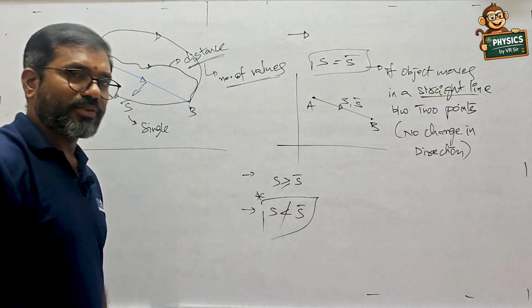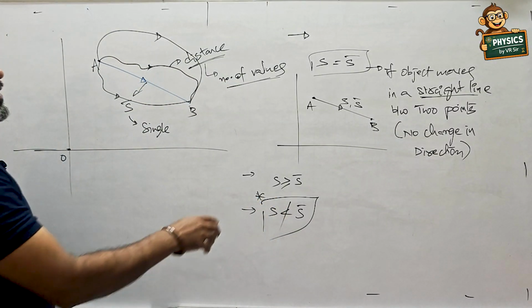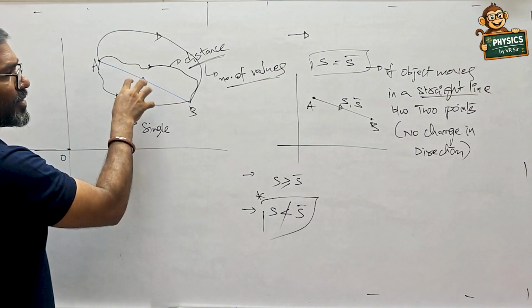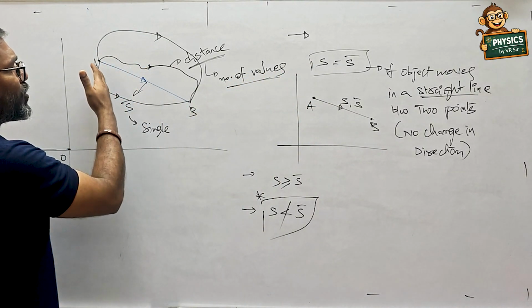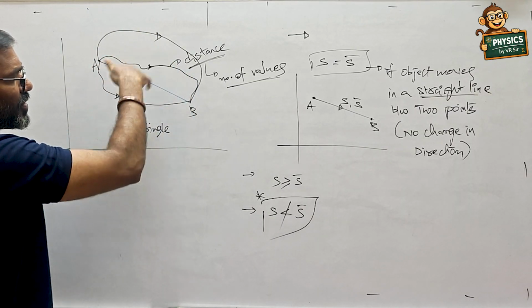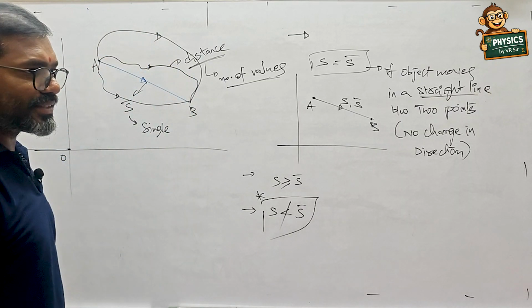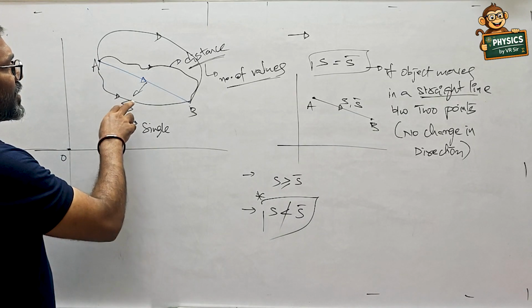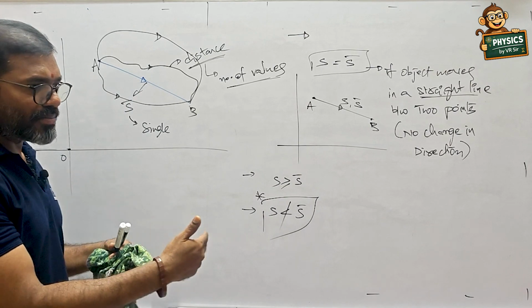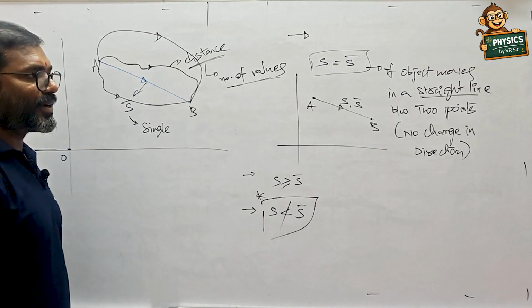It's not possible. Why? Because moving in a straight line, distance and displacement are equal. If you change the direction, now direction is changing. So any other line you draw, that is what we call distance, and you know clearly the shortest path between the 2 points is the minimum length of the path between the 2 points.